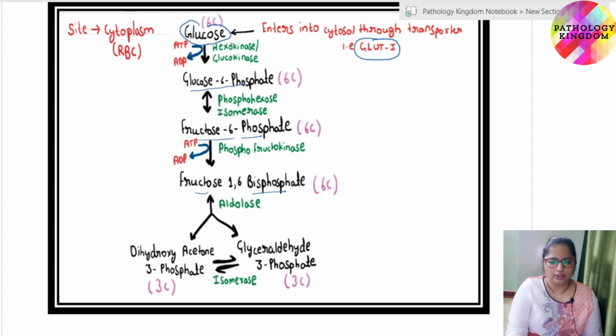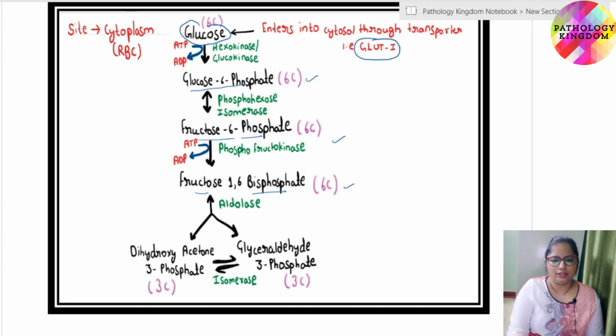All the first 4 components contain 6 carbons, and then dihydroxyacetone 3-phosphate and glyceraldehyde 3-phosphate contain 3 carbons. And dihydroxyacetone 3-phosphate and glyceraldehyde 3-phosphate are interchangeable. It is converted into glyceraldehyde 3-phosphate.